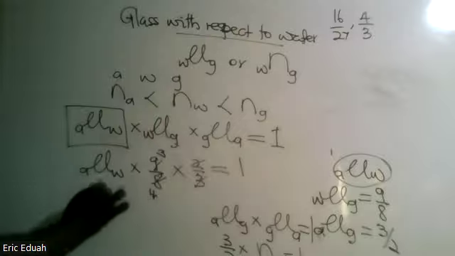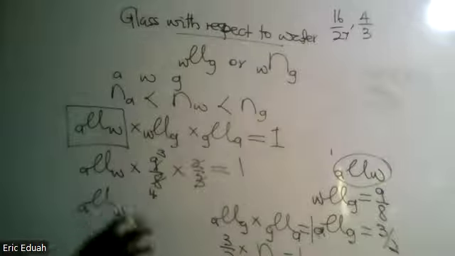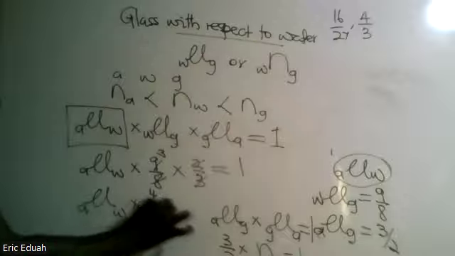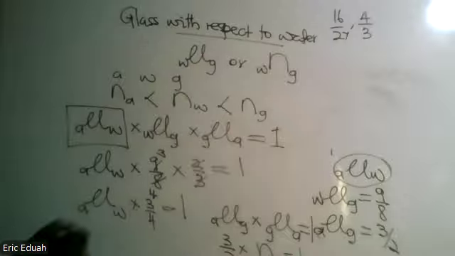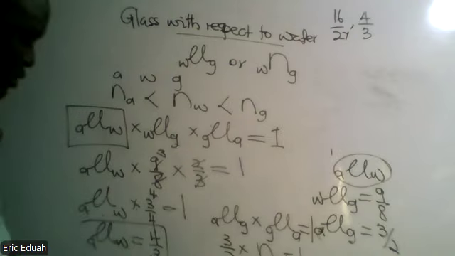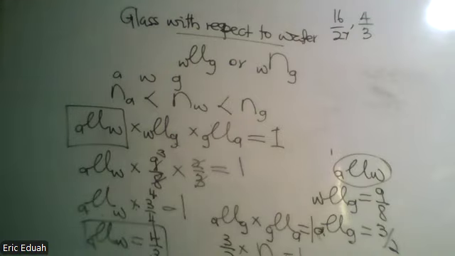So we have mu from air to water times 3/4 is equal to 1. Therefore, the unknown, air to water, is equal to 4/3. So the answer must be 4/3.